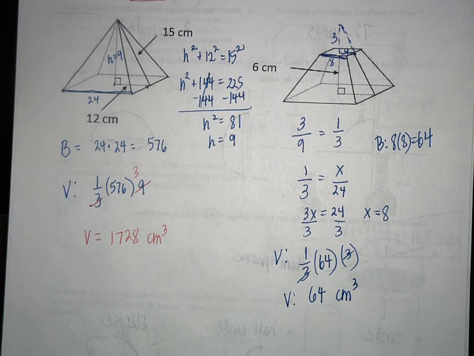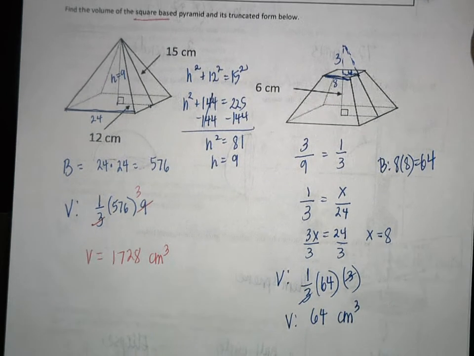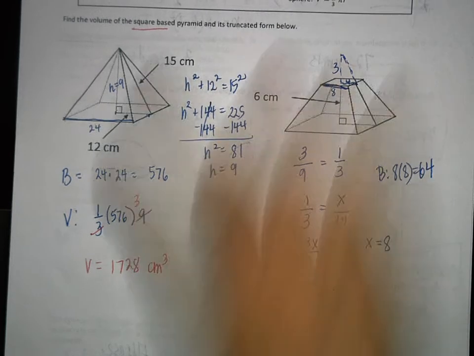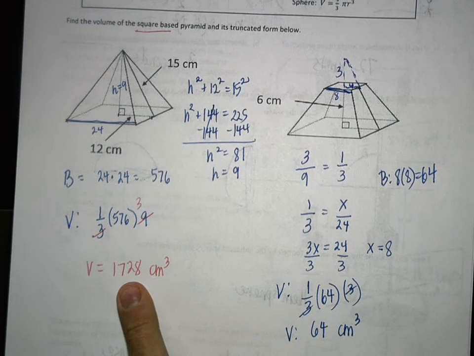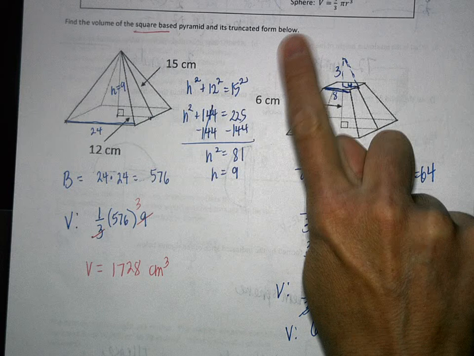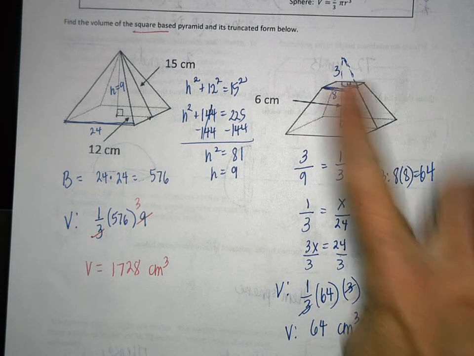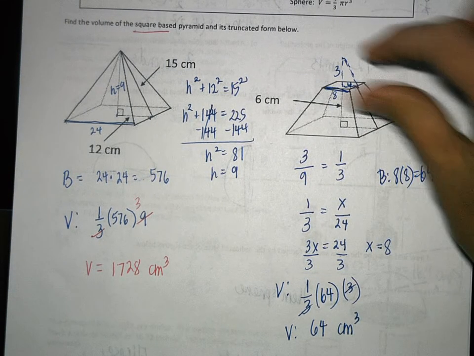So now we just need to go back and read what the question asked. It said, find the volume of the square-based pyramid, which we did right here, and the truncated form. So how do I find the truncated form now that I know how much was taken off? Subtract. Good.